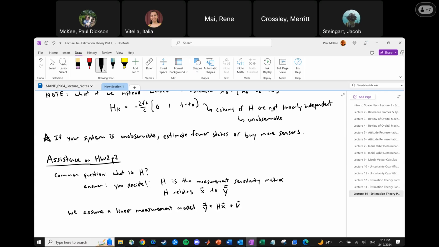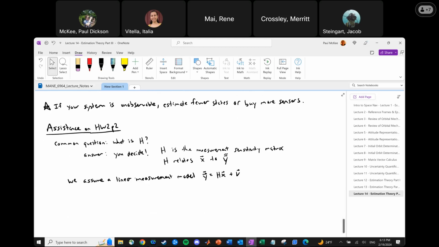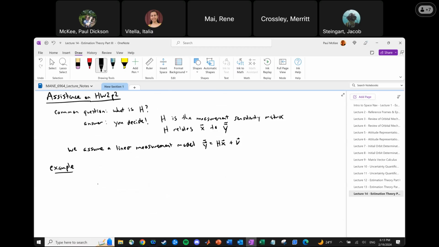So let's see an example, and we're basically just going to use the example from the homework. Draw a little picture. Let's say we've got our world frame here with X and Y and Z. And let's say that we've got a very well drawn Orion spacecraft with little solar array wings.